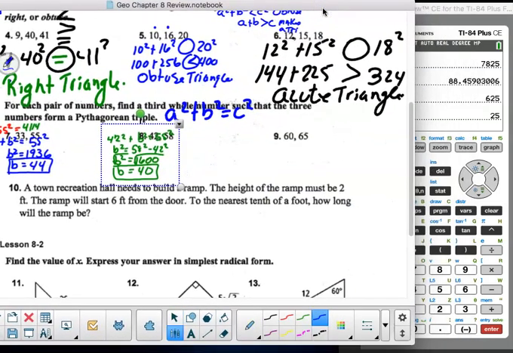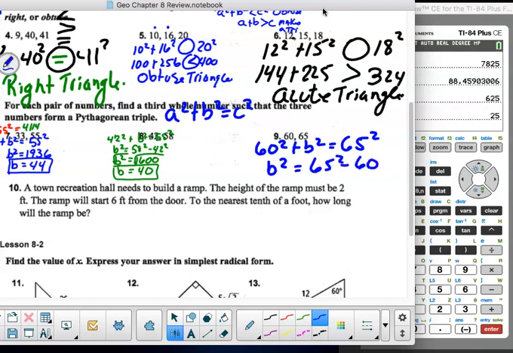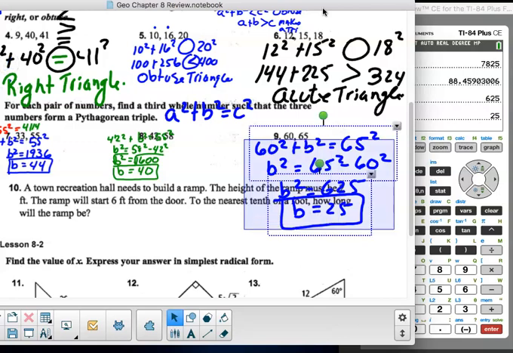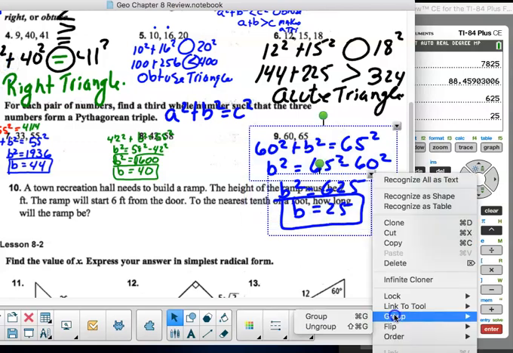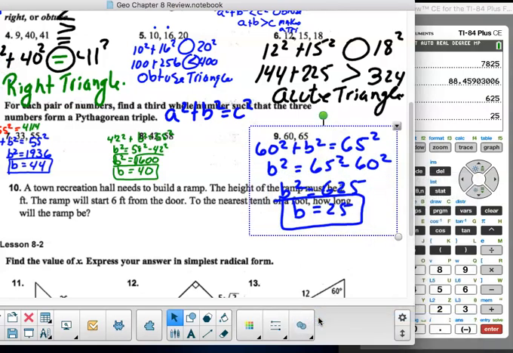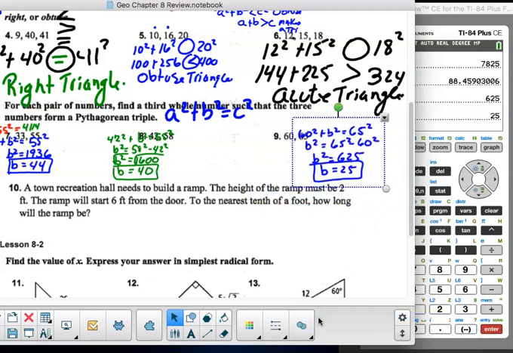Now I've got 60 squared plus b squared is equal to 65 squared. And that's what I did. b squared equals 65 squared minus 60 squared. Did you notice I've got all my work done and I'm writing it down? And now b squared is equal to 625 and b is equal to 25. Okay, so that's my answer. I have supportive evidence, my work, to get that answer. I just didn't guess. And I'm showing the grader how I did it.